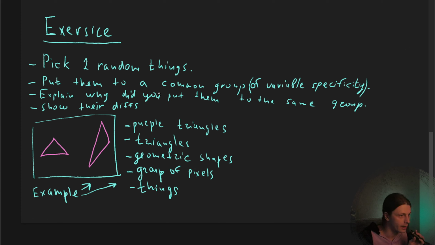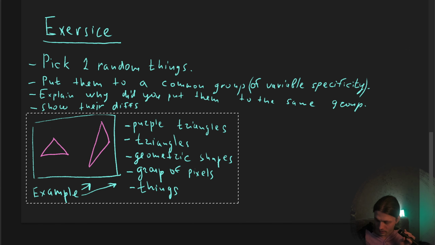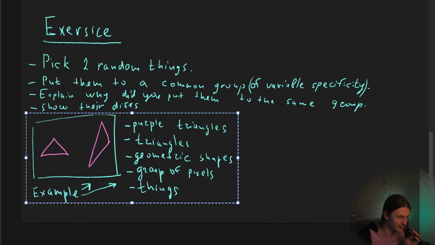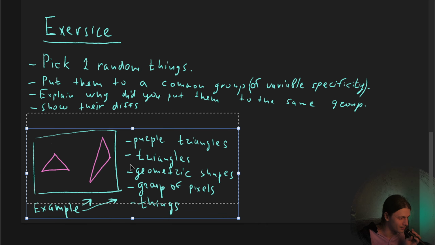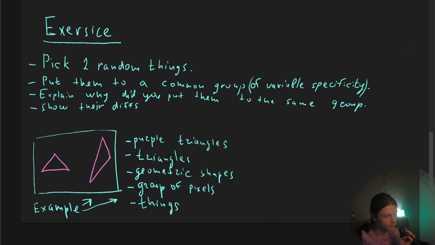Well, and the last one, maybe it's a difficult thing, but it's a bit unusual. What you may try is to find a pair of things, two things, that are very, very different from each other.